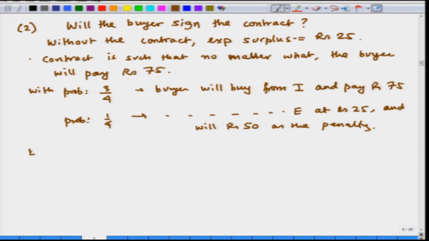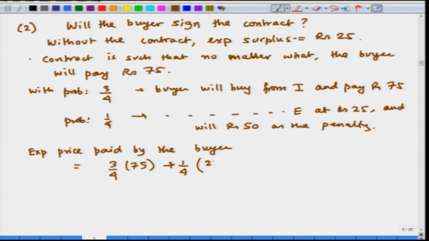So, the expected price paid by the buyer is essentially, with probability 3/4 I pay 75, with probability 1/4 I pay the entrant 25, but then I need to pay the 50 rupee breach of contract penalty, which essentially means that I pay 75 rupees.